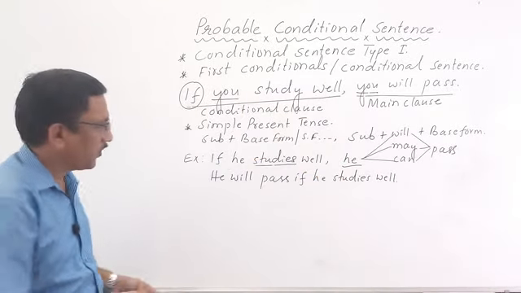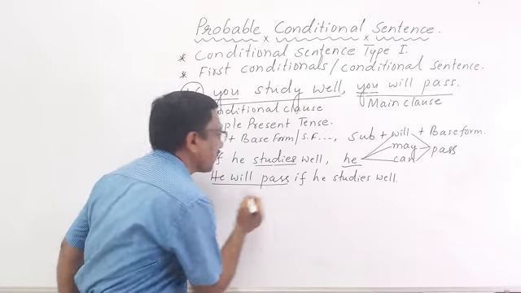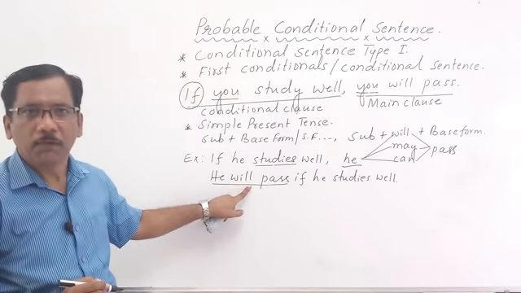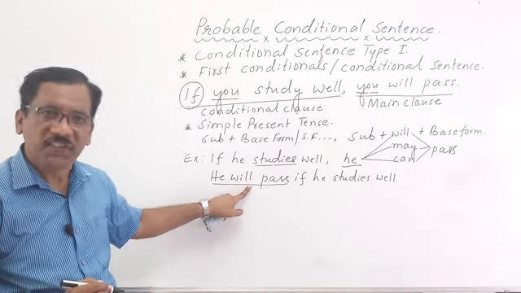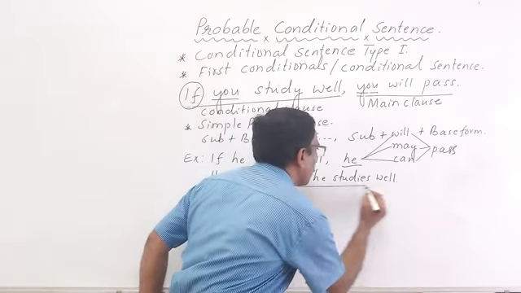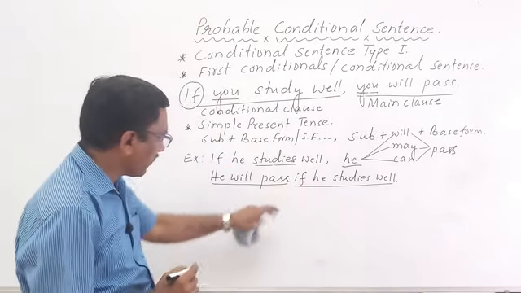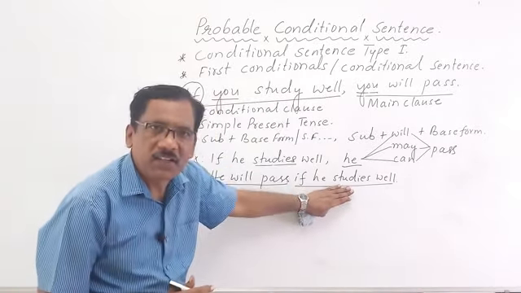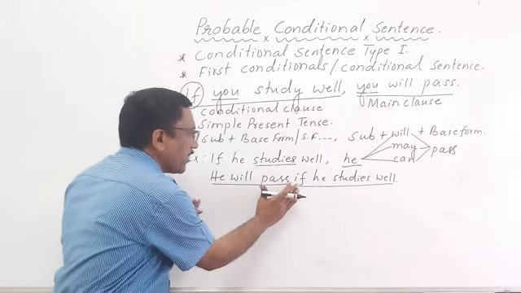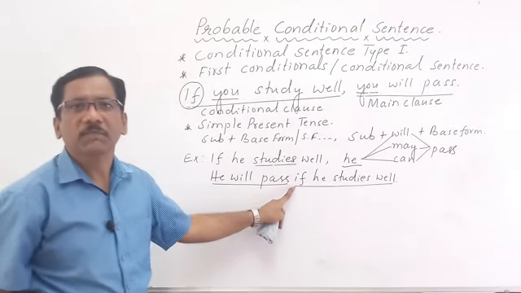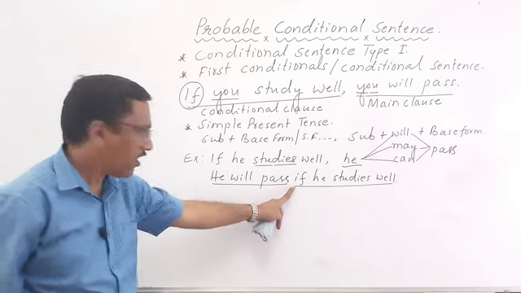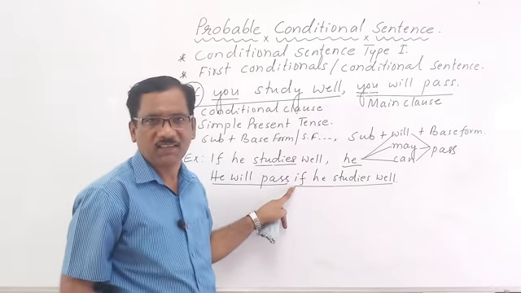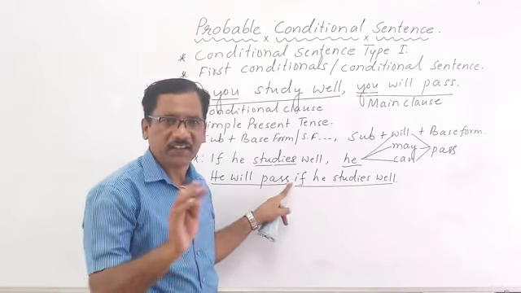Meaning is same. The sentence order is changed. Here we have used the main clause first and the conditional clause next. When you write the conditional clause after the main clause, there is no need of using comma after the main clause. I hope this point is clear.